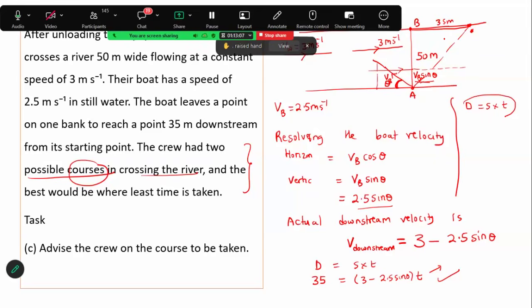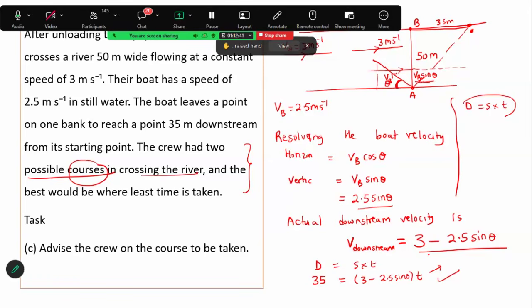Now, if that is the 35, that is your distance, and then the velocity to achieve it, the resultant velocity, that's what we obtain, then times the time. Now, what next you need to ask yourself is, what time can be taken for us to cross that river?